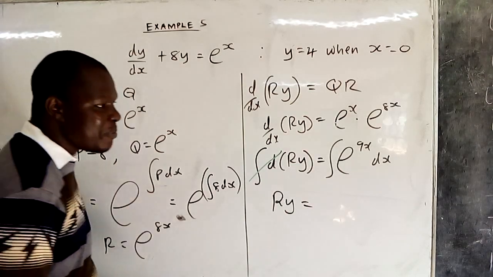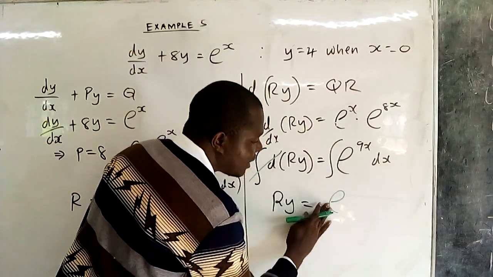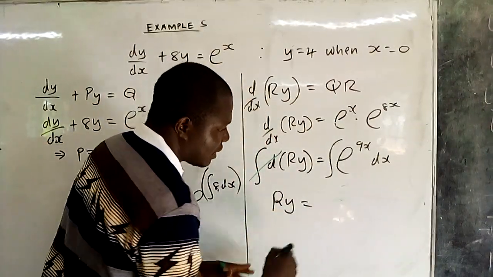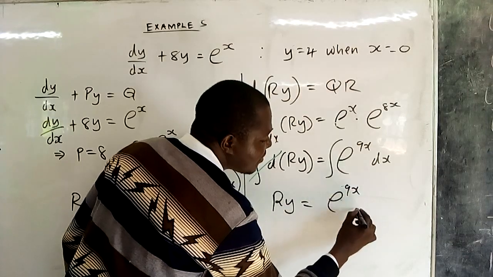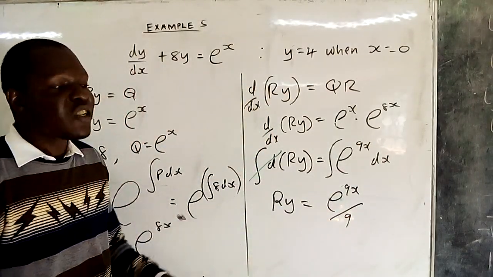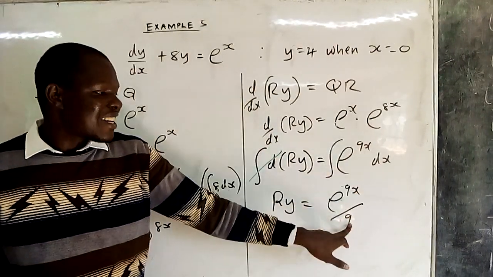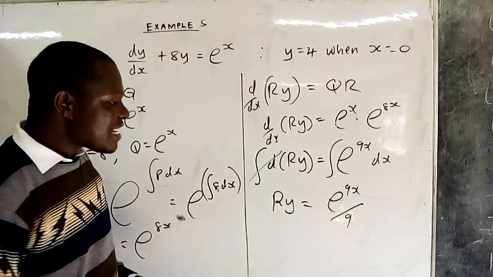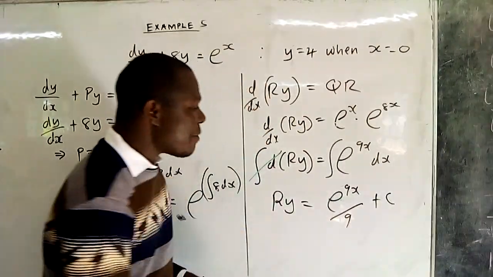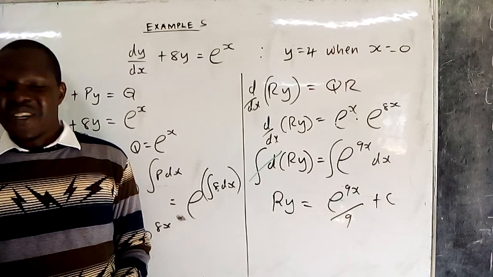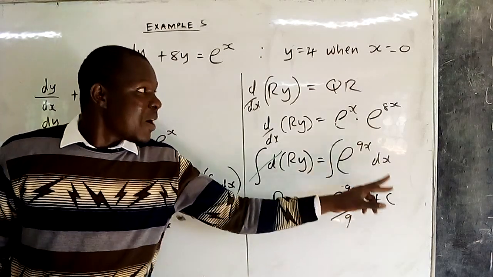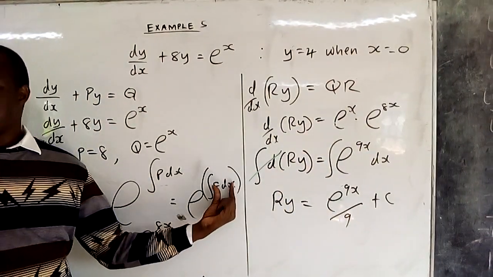Yes. It remains e^(9x), then you divide by the derivative of the inner function, which must be a constant. You divide by that 9, isn't it? Then at the end it is plus the arbitrary integration constant. So are you seeing the reason why when we were getting r, we were not putting the constant?